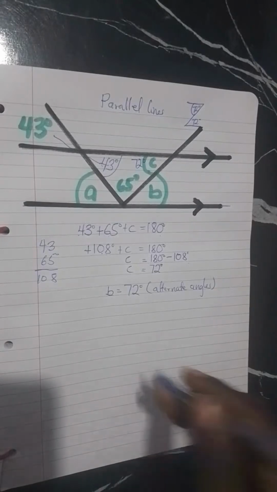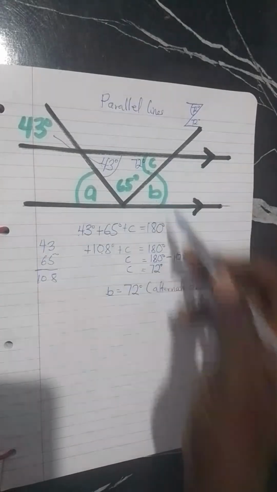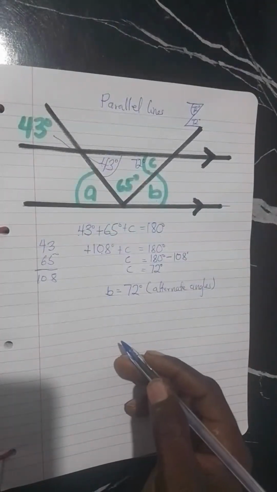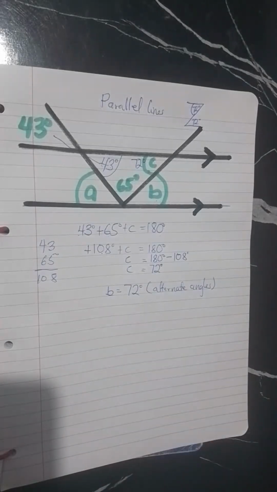So this is alternate, or Z angle, so B is 72 degrees.